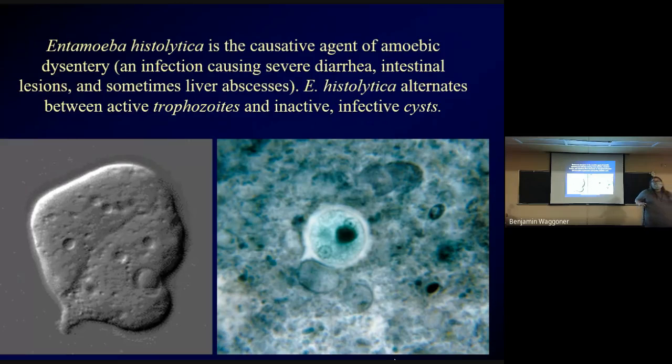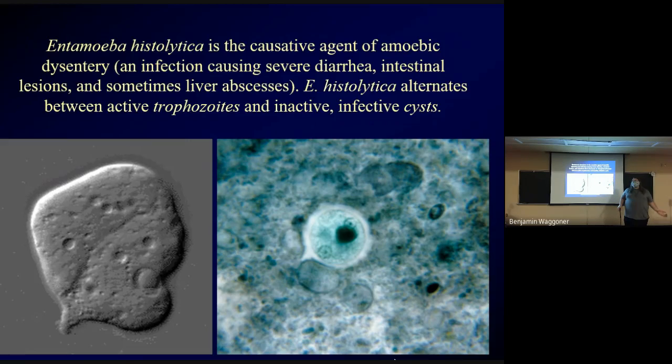As for the true parasites that come up a lot in medicine and veterinary medicine, probably the best known is Entamoeba histolytica. Histolytica means it breaks down cells. This is the causative agent of amoebic dysentery. Enteron is Greek for intestine.